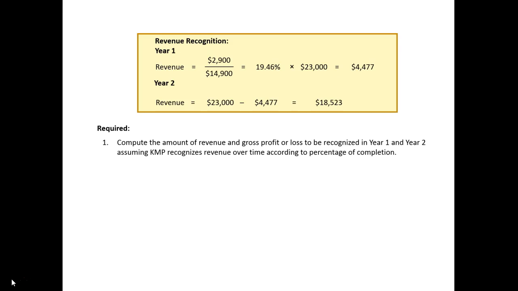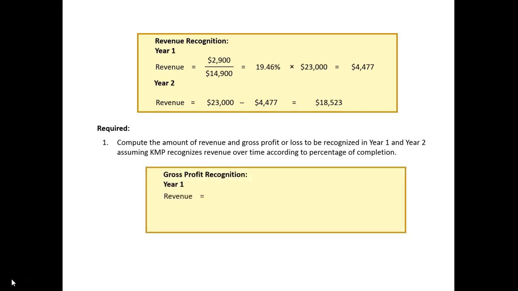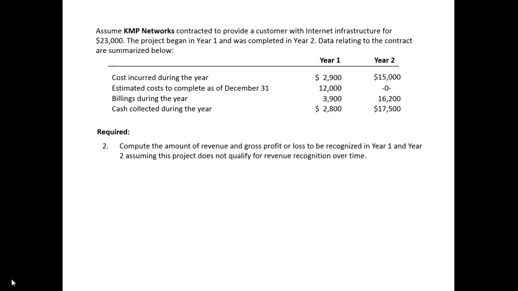So to compute the amount of revenue and gross profit or loss to be recognized, our gross profit then would be the revenue minus the costs, or $1,577 in gross profit, while in year 2, the $18,523 minus the $15,000 in costs to be $35,023.